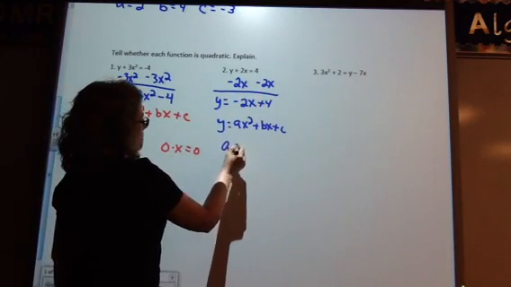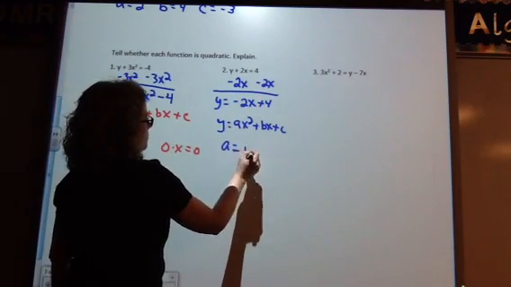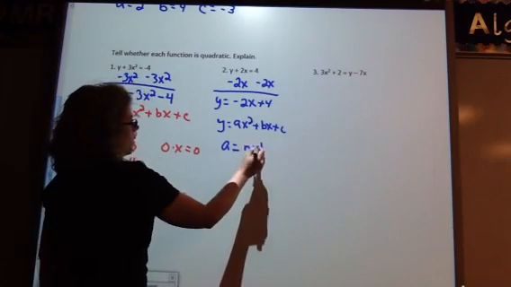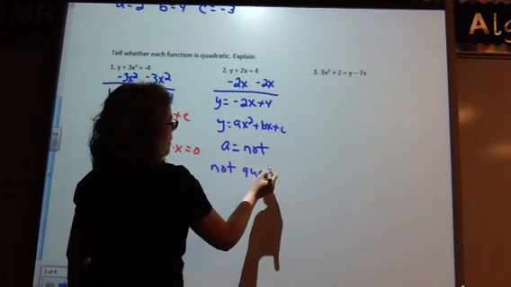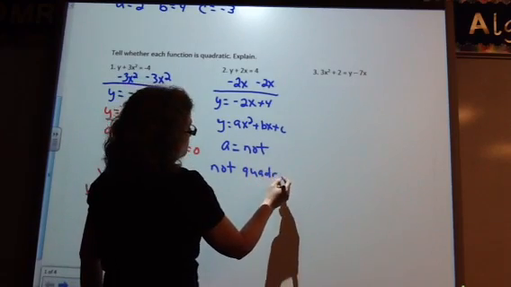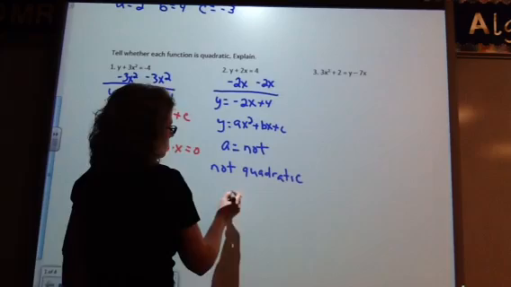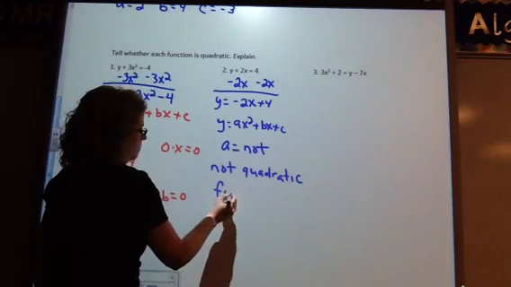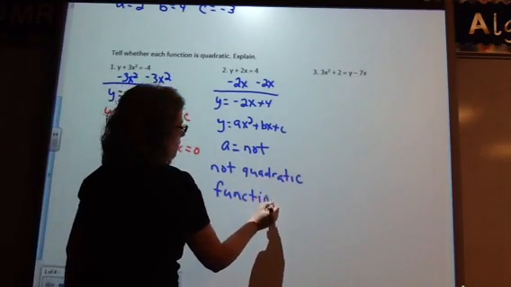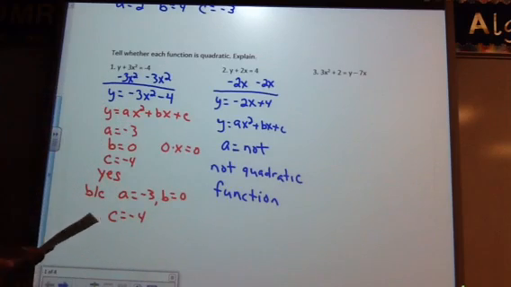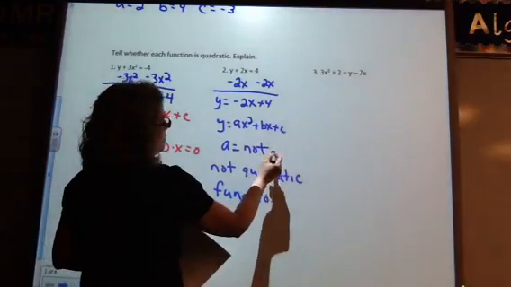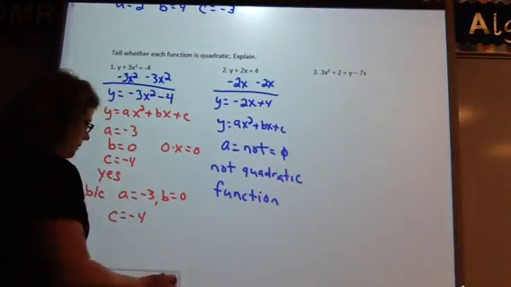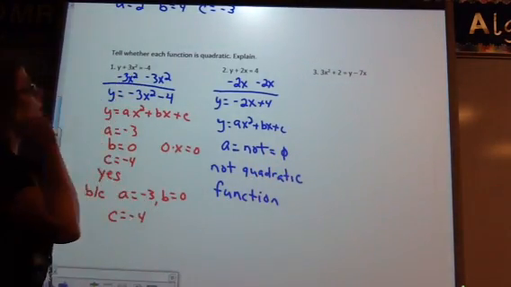And we do not. Therefore, it is not a quadratic function. Okay? Because a cannot equal 0. Can't have that.